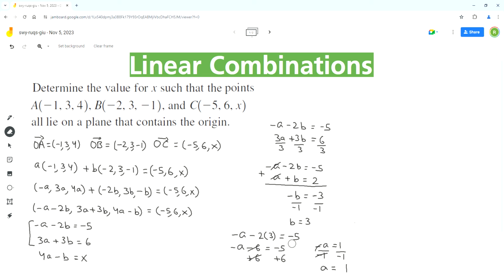So this is the final answer for a. Now we can sub in these a and b values in the third equation to find the value of x. So we get now we can simplify this expression. So 4 times negative 1 is negative 4. So this is the final answer for the value of x.